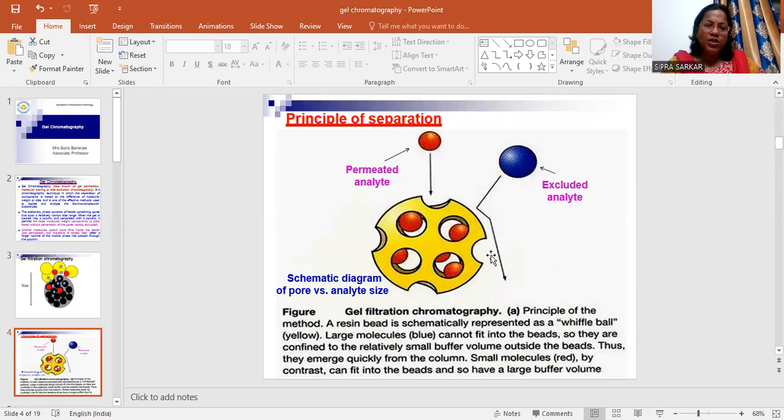Large molecules, blue colored, cannot fit into the beads, so they are confined to the relatively small buffer volume outside the beads and will be eluted with the buffer. Thus they emerge quickly from the column, while small molecules, by contrast, can fit into the beads and so have a larger buffer volume.